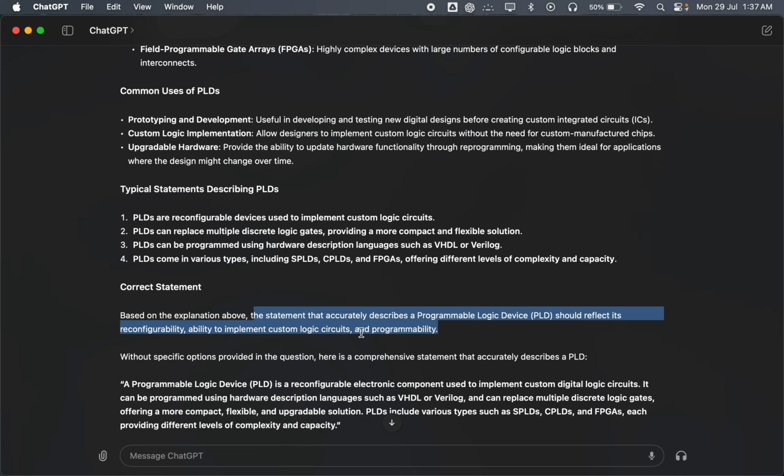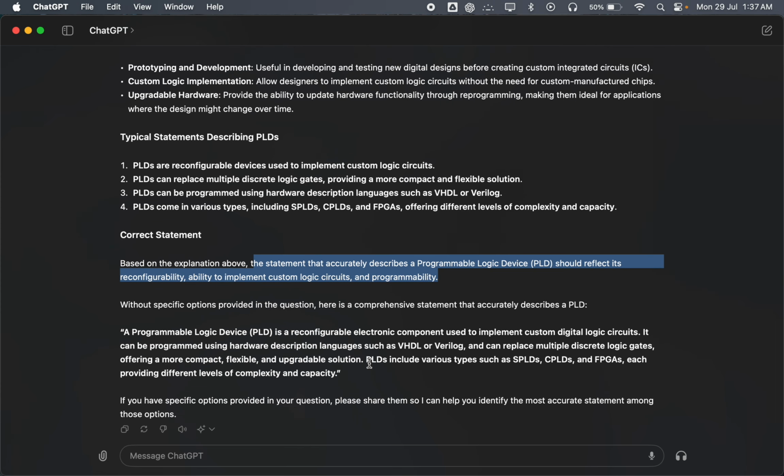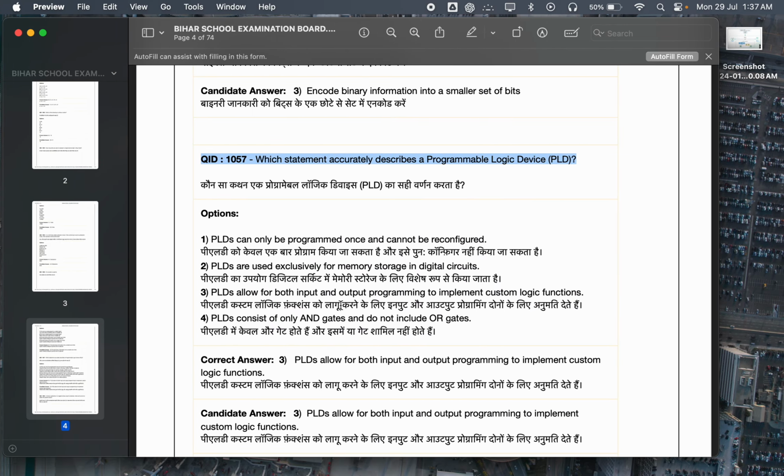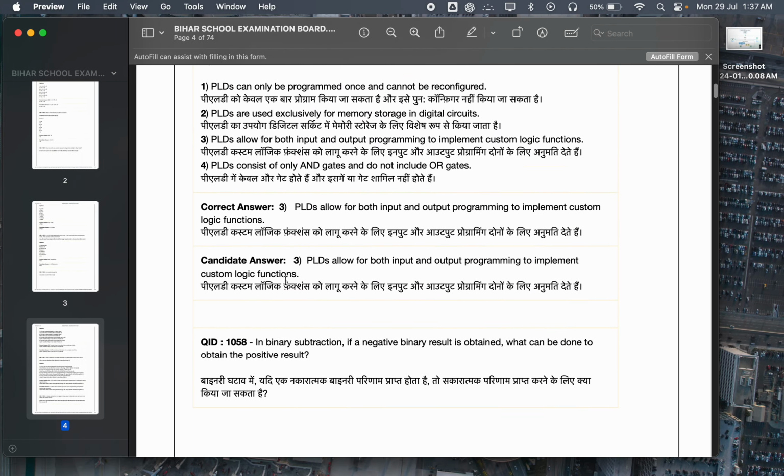Ability to implement custom logic functions, programmability. It can be programmed using hardware description language. Okay. Now going ahead.